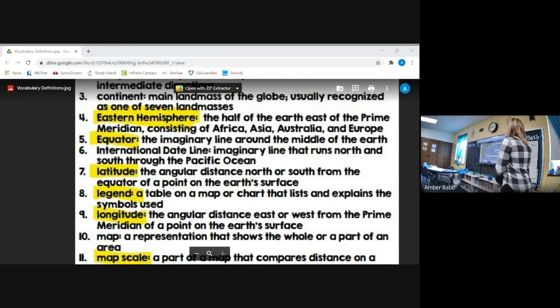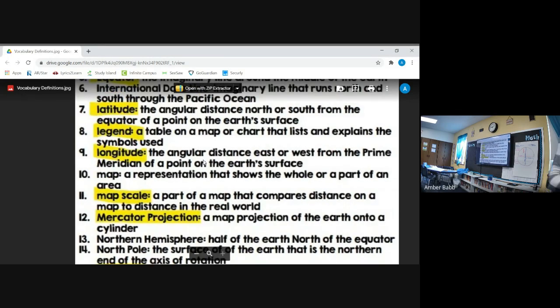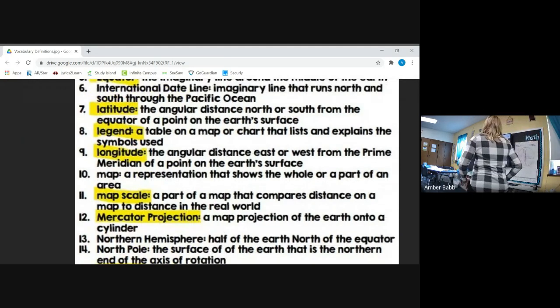Okay. All right. So the next word you're going to put on your vocabulary is map scale, which is number 11 on here. Let me scroll it down for you guys. Okay. It's the part of a map that compares distance on a map to distance in the real world. How many of you guys have seen something on a map that says scale on it?